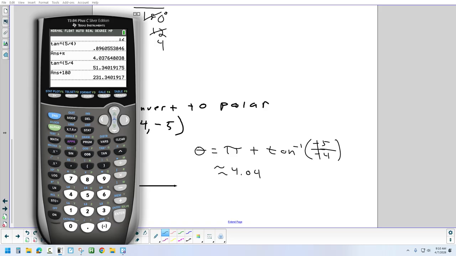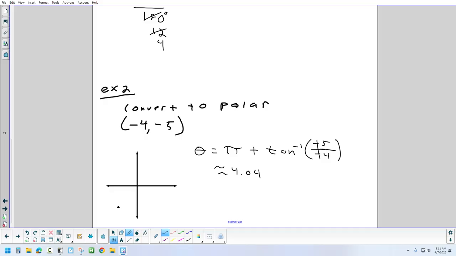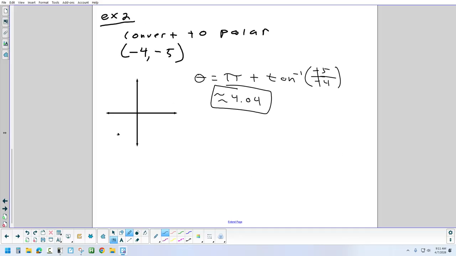But while I have that number, I can double check that that's right by multiplying that by pi and dividing it by 180. If I get 4.04, then I know we got it right because I did the same problem 2 different ways. So 4.04 is correct. All right, so that is the angle.